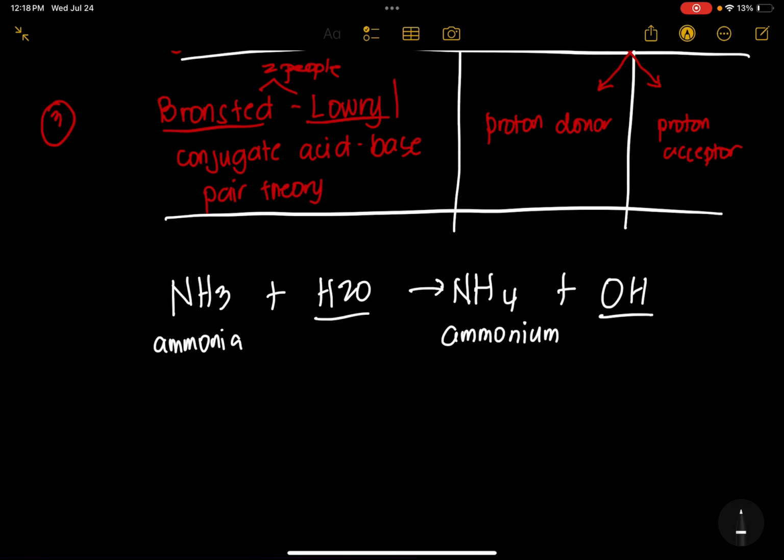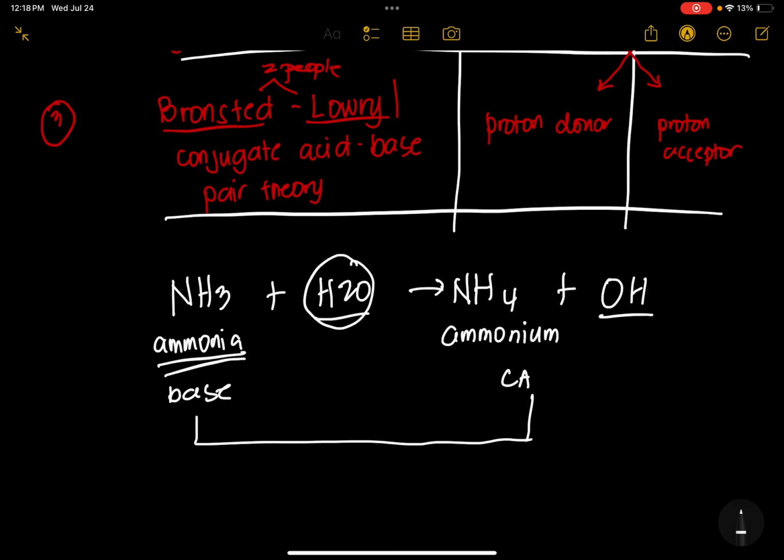So how do we know if it is a conjugate acid or a conjugate base by doing this? For NH3, we know that it is ammonia, so we go back to our periodic table. Usually, ammonia is a base. So we connect it here. This is the conjugate acid, and it can act as a base or an acid.